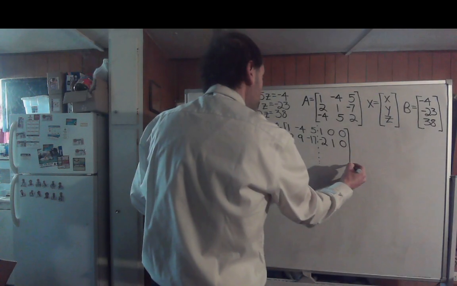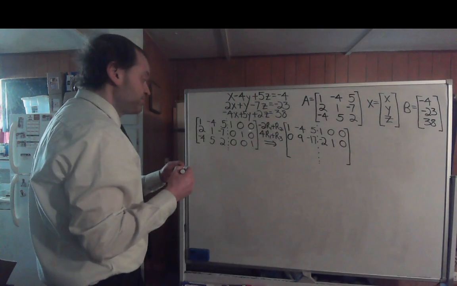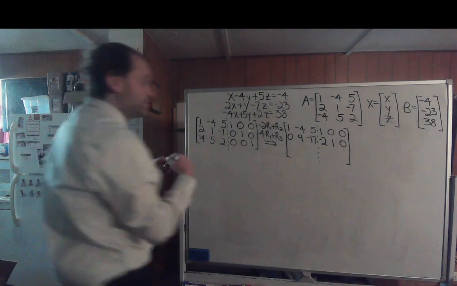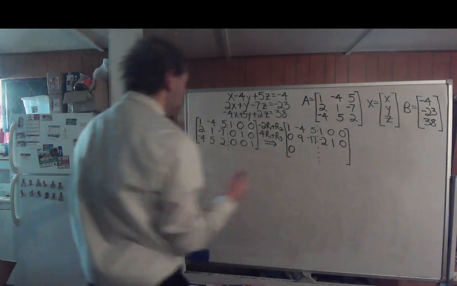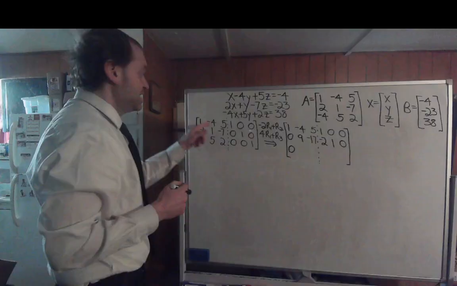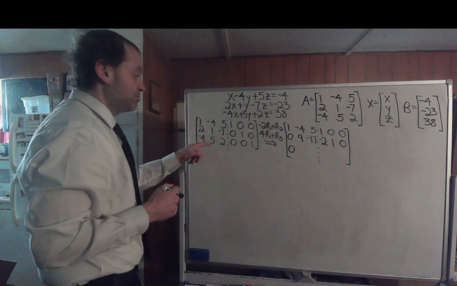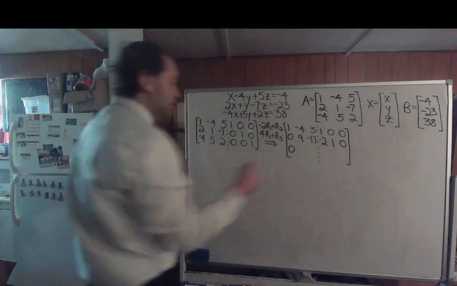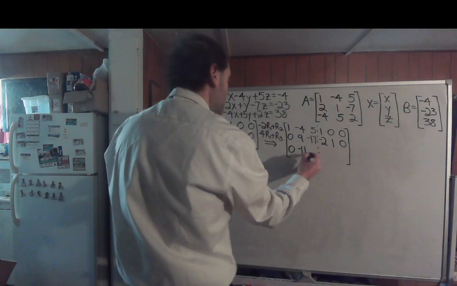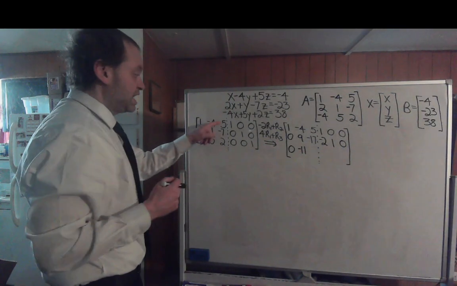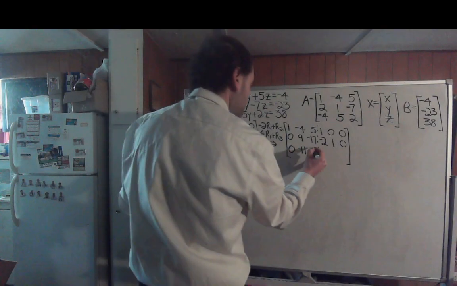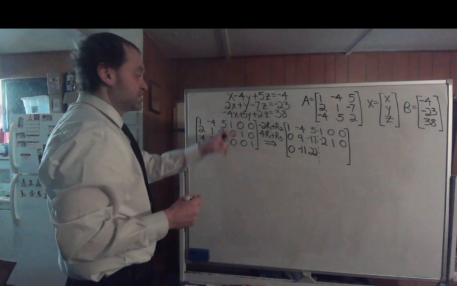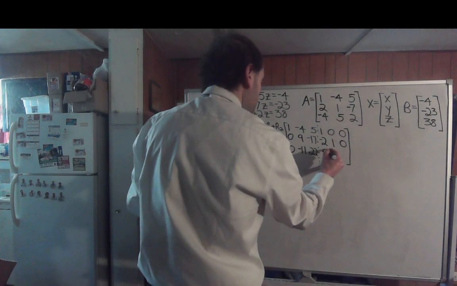And then let's deal with row 3. So 4 times 1 is 4, minus 4 is 0. 4 times negative 4 is negative 16, plus 5 is going to be negative 11. 4 times 5 is 20, plus 2 is 22. 4 times 1 is 4, plus 0 is 4.